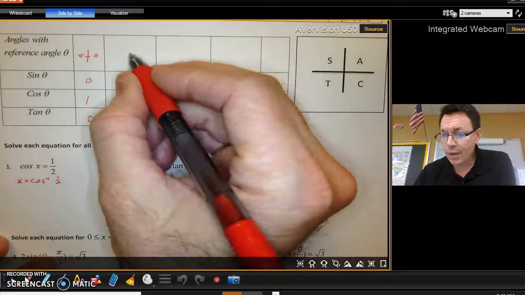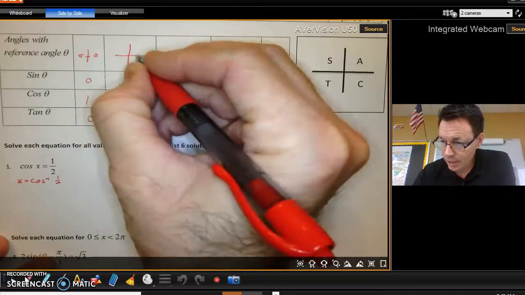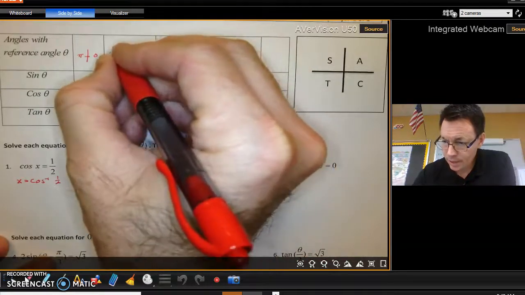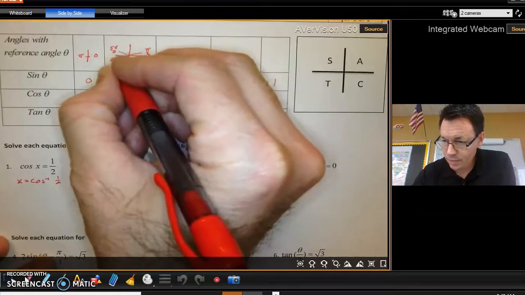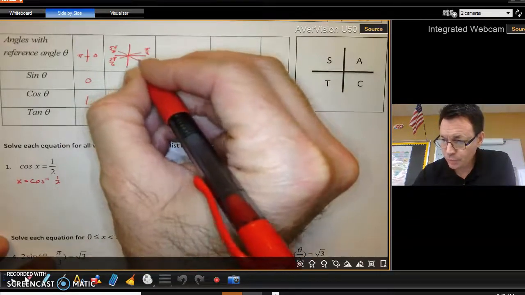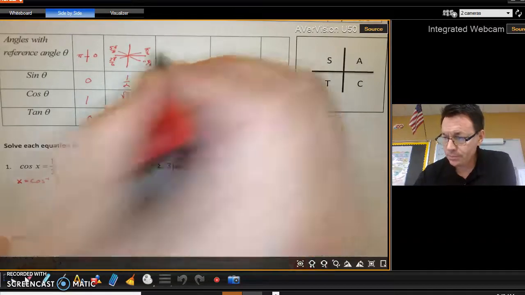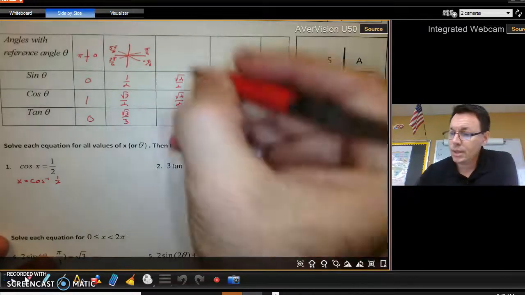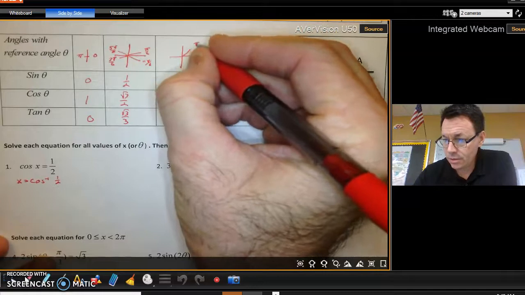Over here, I wouldn't just put pi over 6. I would go ahead and put pi over 6 and 5 pi over 6, and 7 pi over 6, and 11 pi over 6. Okay, those are all the angles that have a reference angle of pi over 6. Pi over 4. And again, you don't have to do this.